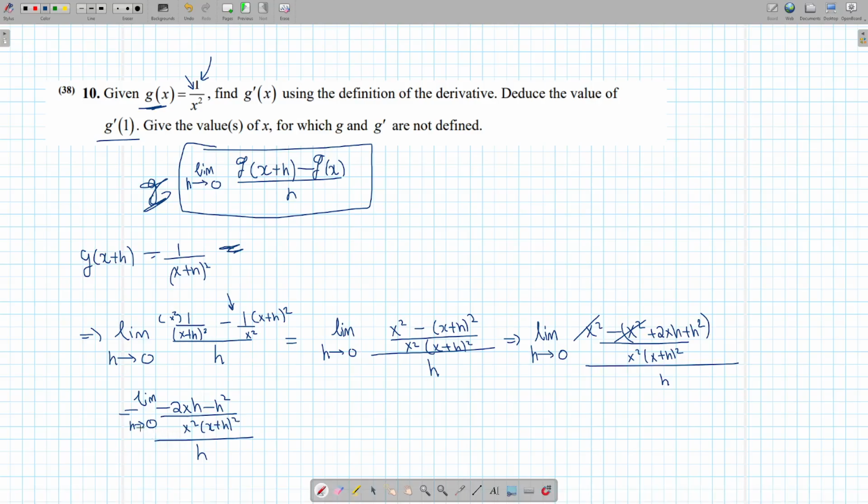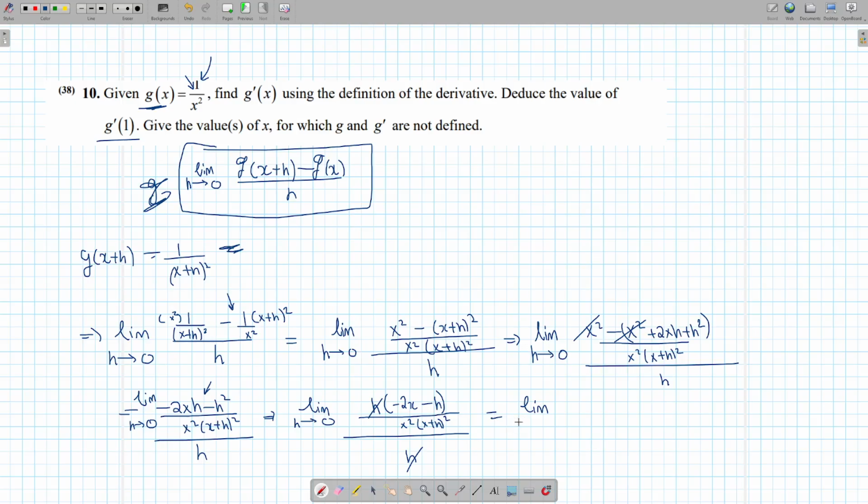We can obviously still simplify. Over here we can cancel h with h. How? Just factor it out, right? So it's going to be limit as h approaches 0, h out, so it's going to come negative 2x minus h over x squared, x plus h squared, all over h. h and h cancel.